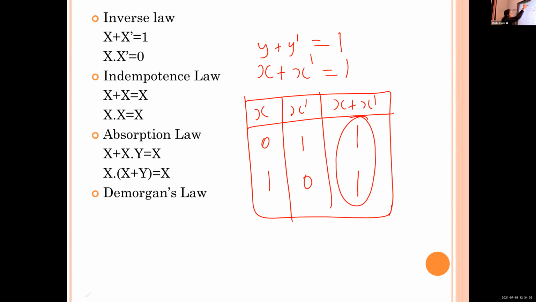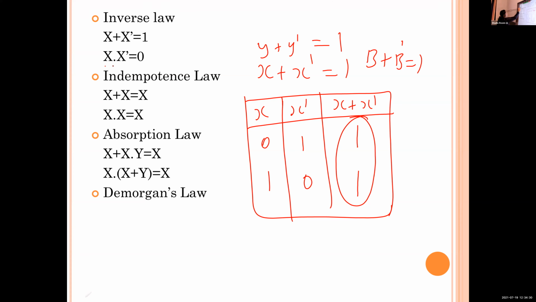You can change the name of the variable, but the concept is the same. Then B plus B complement is again equal to 1 based on this law. That is inverse law: X plus X complement is equal to 1.